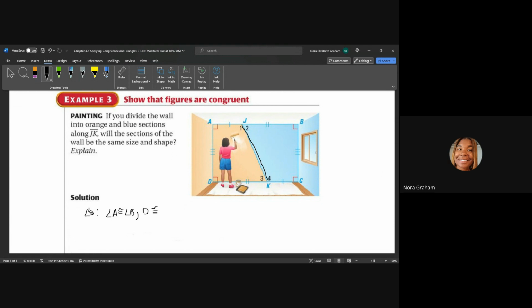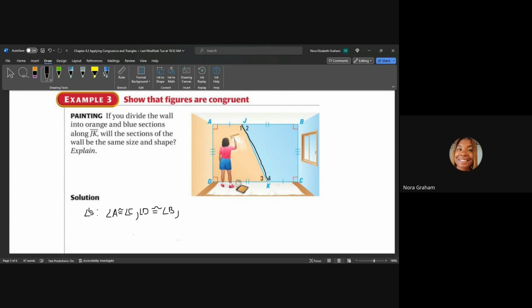Sorry, I meant A and C on this one. My apologies. A and C, because they're the shorter sides. There we go. That looks better. And then angle D congruent to angle B.